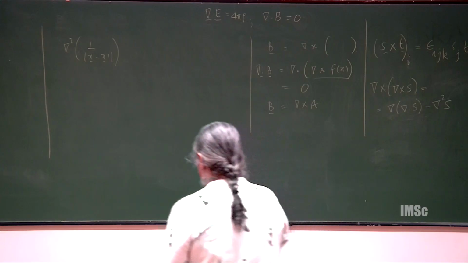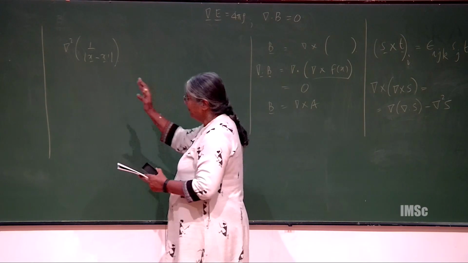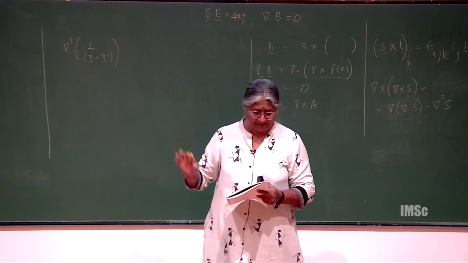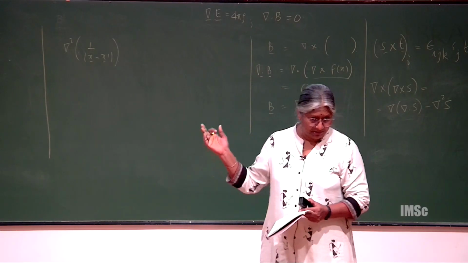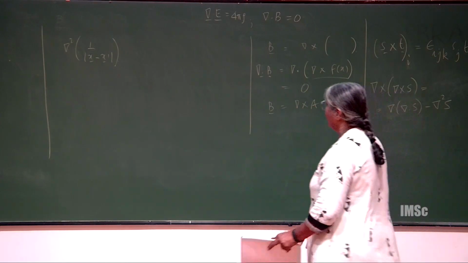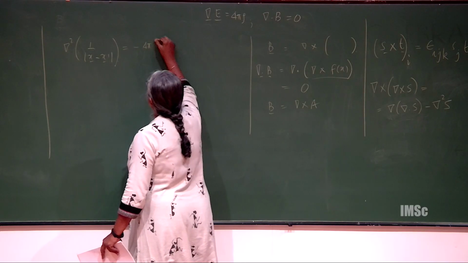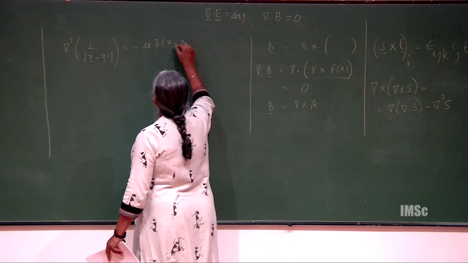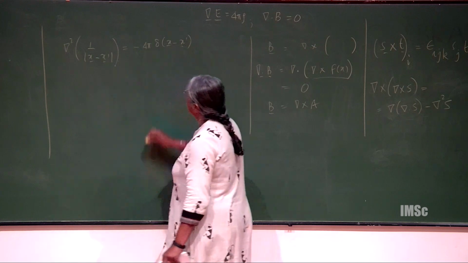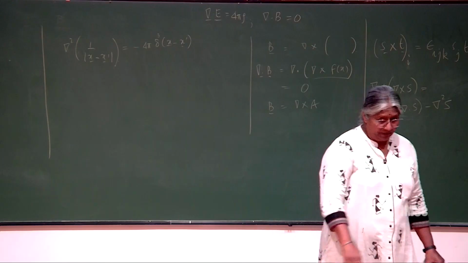Okay, fine. If everyone is looking blank, let's forget x minus x prime. Let's just call it x. Then we can always shift the origin to x minus x prime. So what we want to show is that this is equal to the delta cubed function of x minus x prime, right?